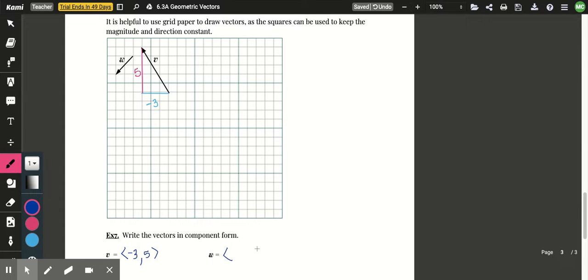So I'm going to start with my arrow brackets. To get from the tail of w to the head of w, I would have to go to the left 2. So that would be a minus 2. And then from the tail to the head, I would have to also go down 2. So that would be minus 2 again. So these are my component forms for each of those.